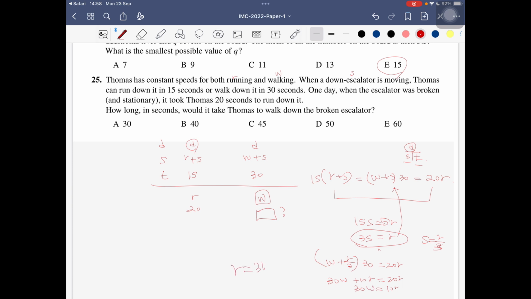R equals 3W. So when he's running, he's 3 times faster than walking. So if it took 20 seconds, because now he's slower, 3 times slower than running, it may take 60 seconds.